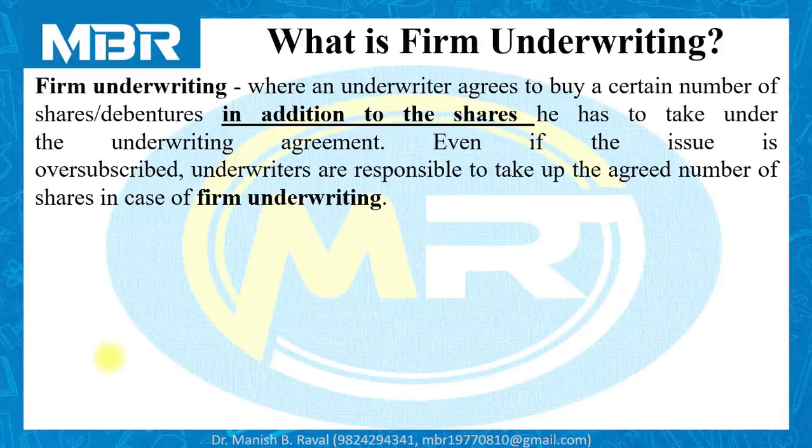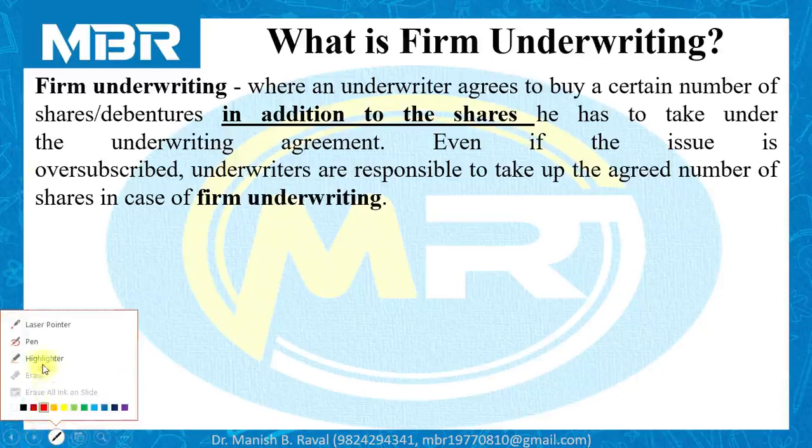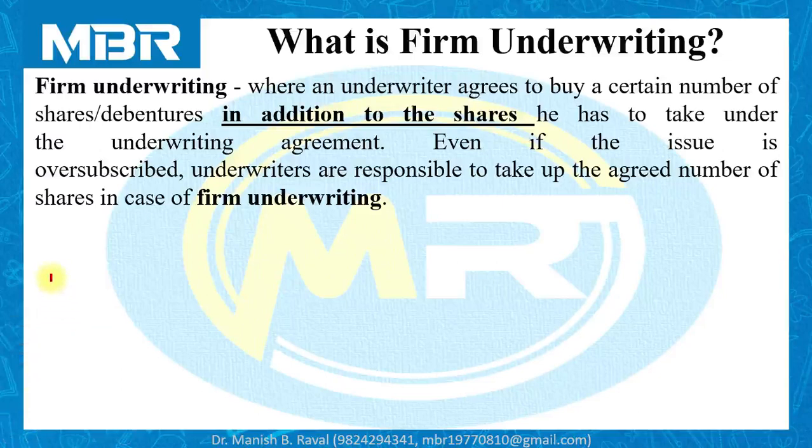I would like to explain firm underwriting in detail because it's one of the most important areas of our chapter. Let me explain through an example. Suppose X has underwritten 1000 equity shares of ABC Limited.